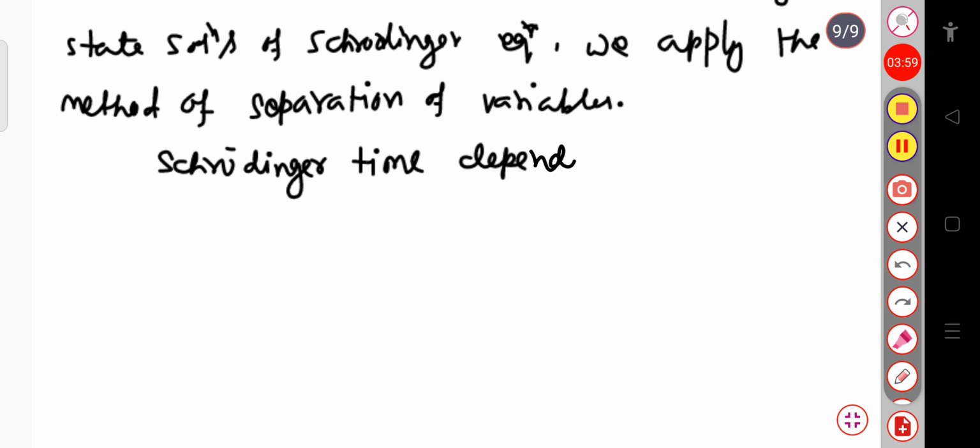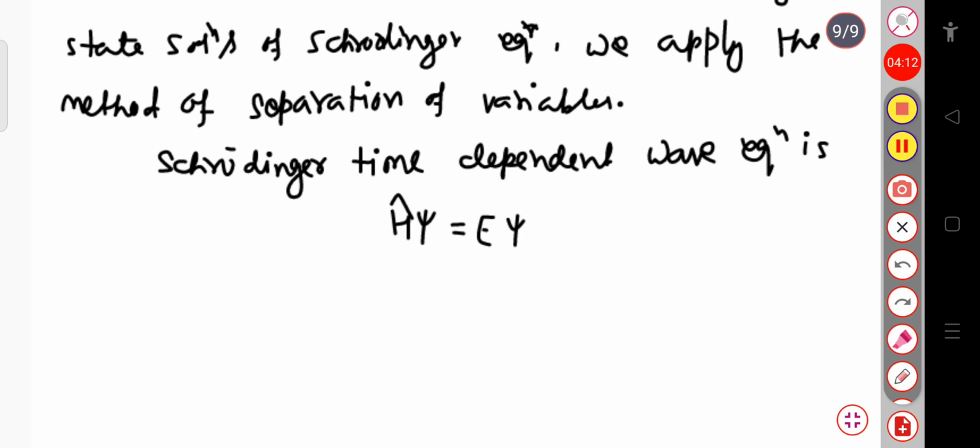Basically you can write this as H cap psi equals E psi, where H cap is the Hermitian operator, E is the eigenvalue of the Hermitian operator H cap, and psi is the eigenfunction.